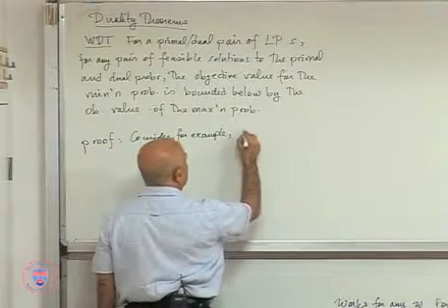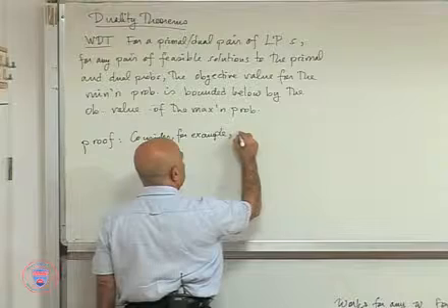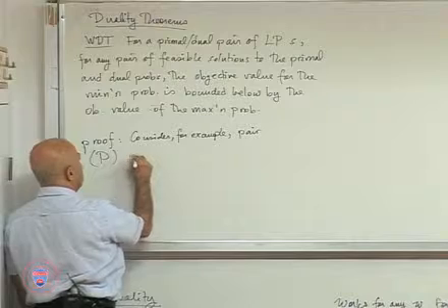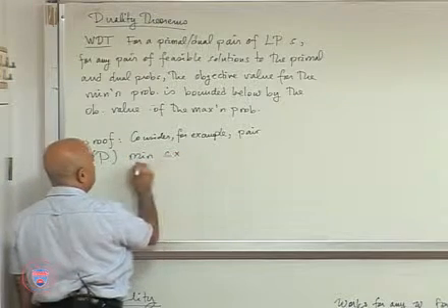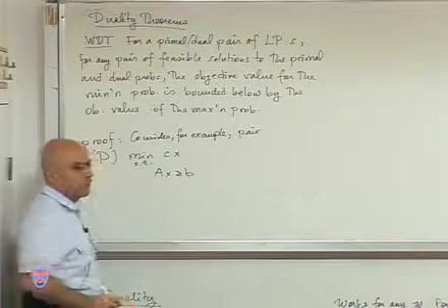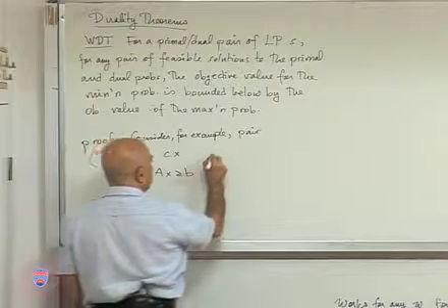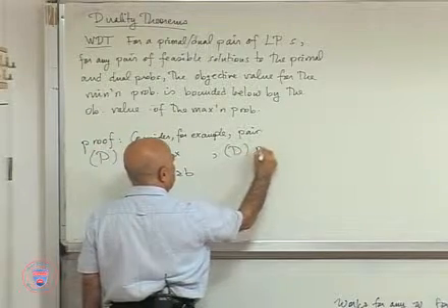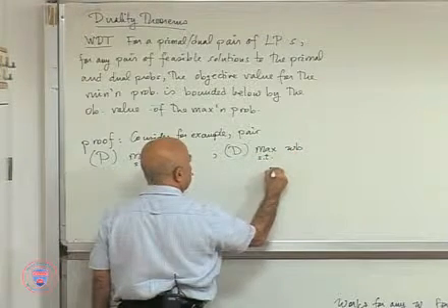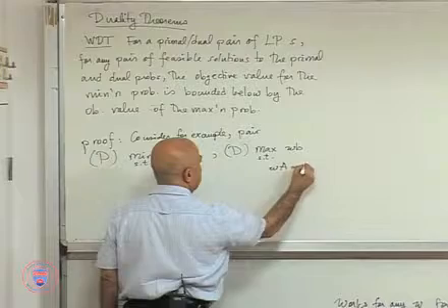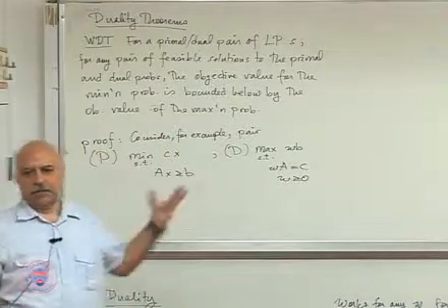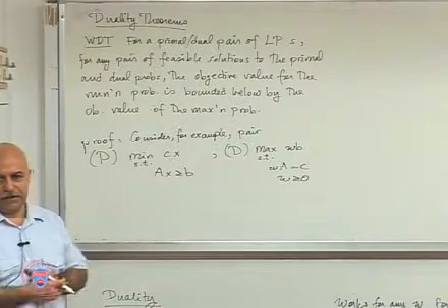Consider, for example, the primal dual pair where the primal is minimization of Cx subject to Ax greater than or equal to b, and the dual is maximization of Wb subject to WA equals C with W greater than or equal to 0. This was the initial pair I gave you at the very beginning.